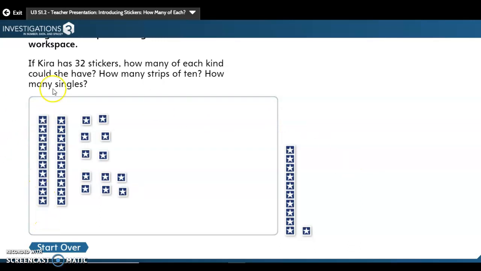So we have 10, 20, and then we're going to count by ones. 21, 22, 23, 24, 25, 26, 27, 28, 29, 30, 31, and 32. So we could show this problem as 32 equals 20 plus how many singles do we have? 5, 10, 11, 12.